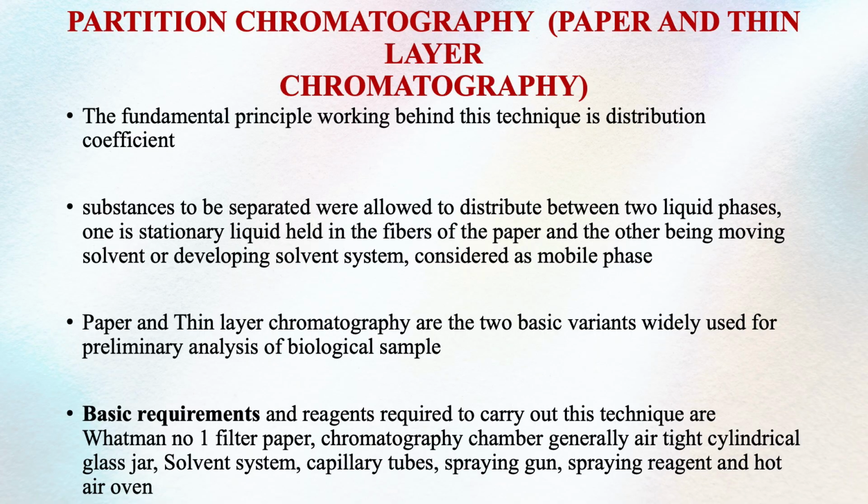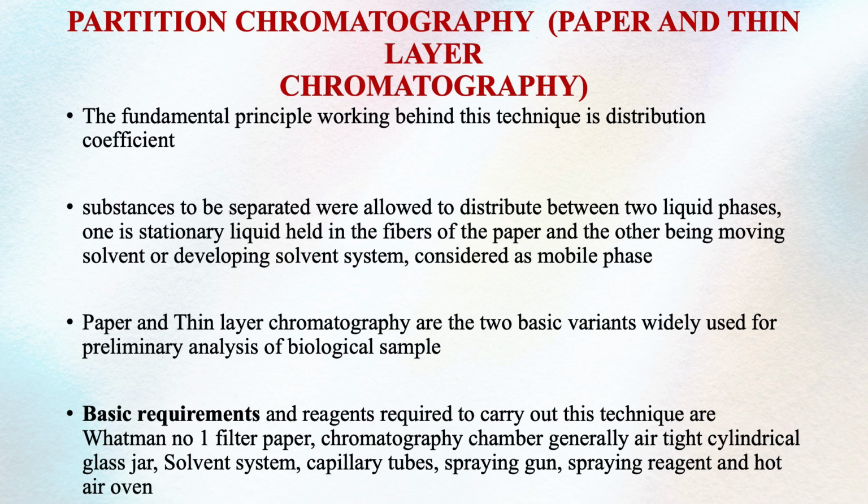To perform this technique we need certain basic instruments, as well as glassware and stationery. Here the major requirements are Whatman number 1 filter paper. The paper that we are going to use to perform this technique is Whatman number 1 filter paper. Along with this, we require some glass jars, depending on the size of the paper you are going to use.